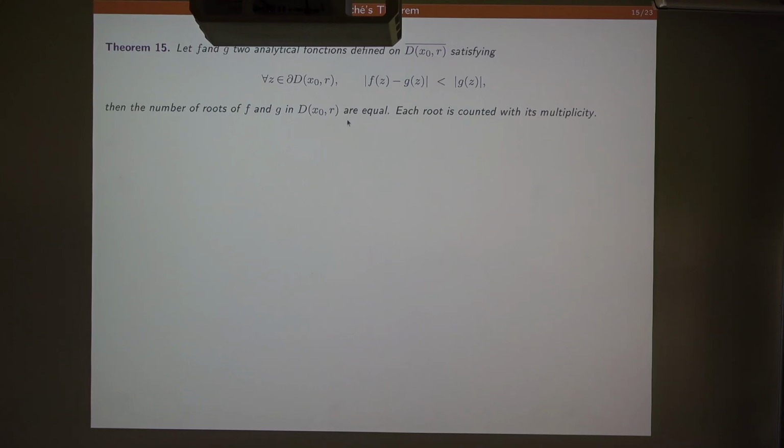In this statement, each root is counted with its multiplicity.